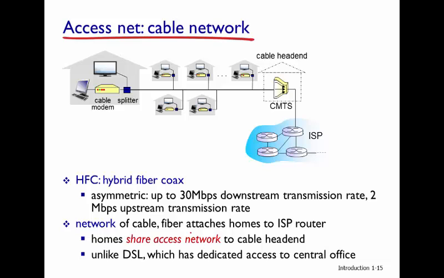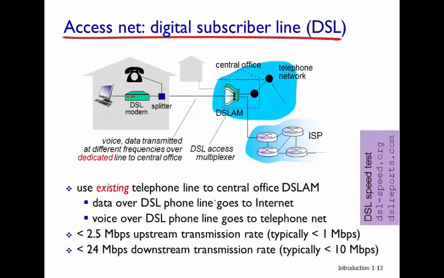So for physical connections, we use fiber, optical fiber, or hybrid fiber, which is fast. 30 Mbps downstream transmission, so data rate, and 2 Mbps upstream, which is a lot faster than this DSL.